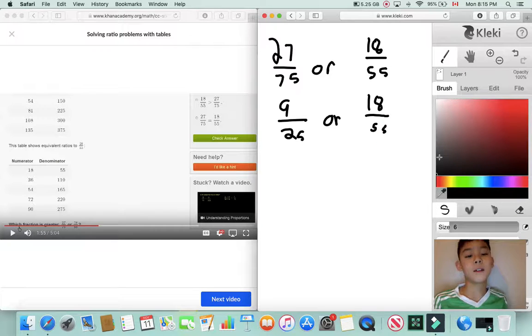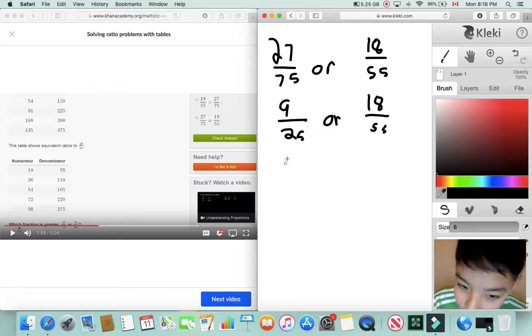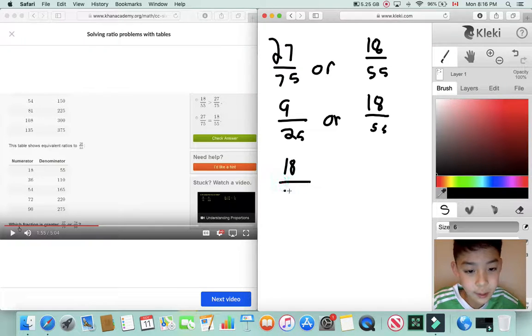And then what I would say next is, how do I explain this? Okay, so get the numerator the same.